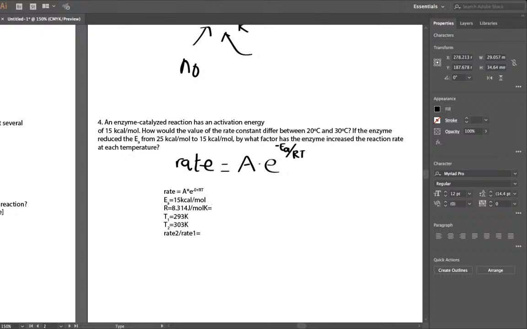Putting 8.314 into the calculator gives 0.001987 kilocalories per mole Kelvin.